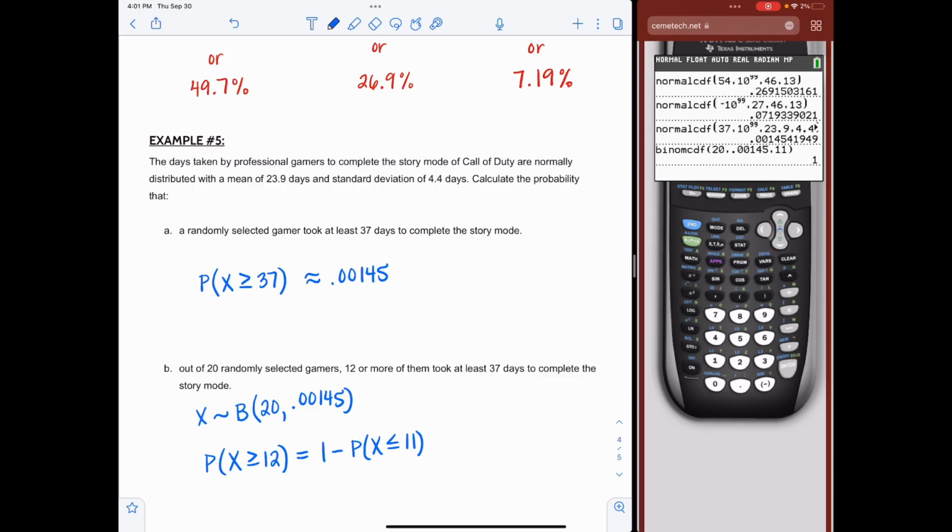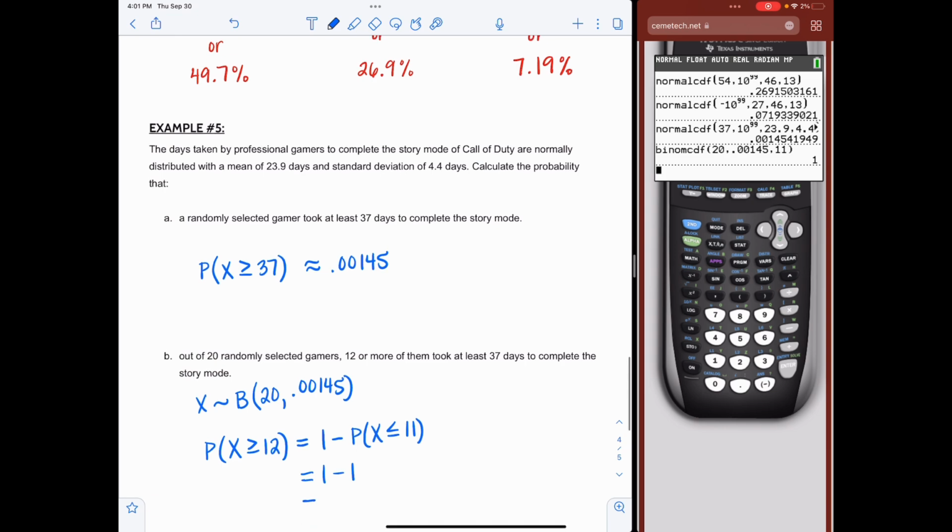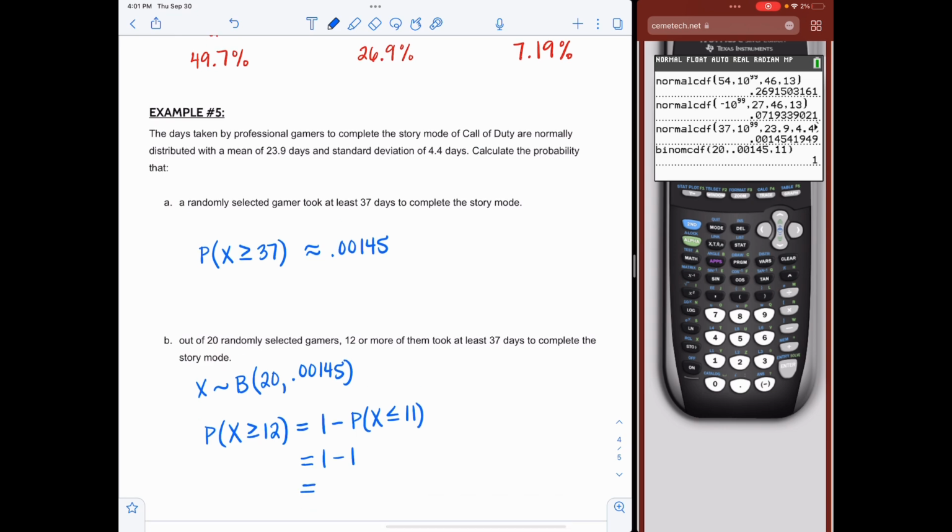When we put that in, we get 1. So this is equal to 1 subtract the probability that 11 people or less will take 37 days or more, which is 1. And 1 minus 1 is equal to 0. So there is no possibility that this will be able to happen. 0% chance that this will be able to happen.